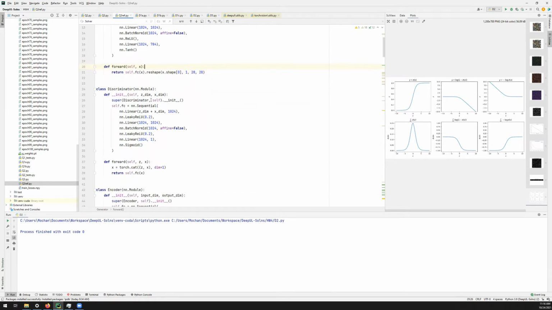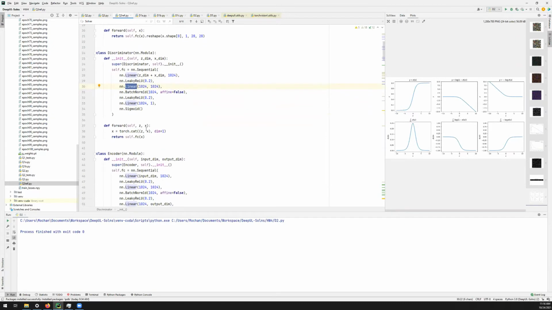Okay, and then the discriminator is similar. It just needs to go to one value, and it's sigmoid, so it's a probability. Then linear, ReLU, linear, and so on.